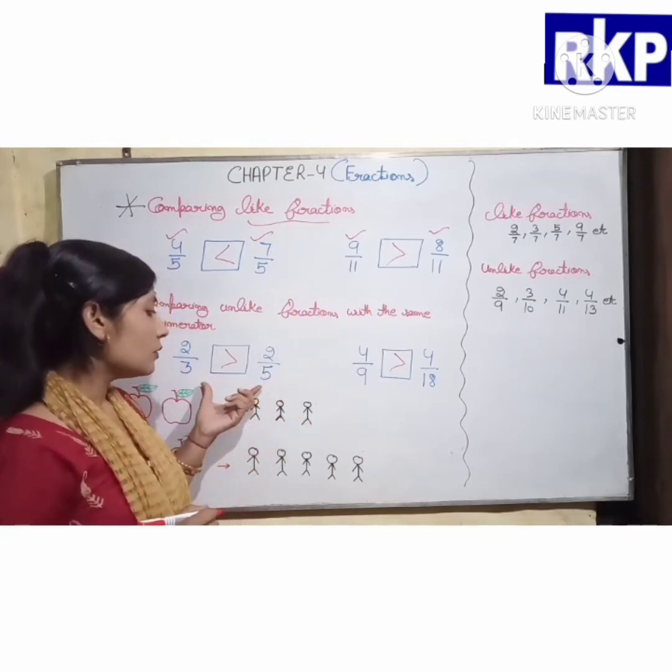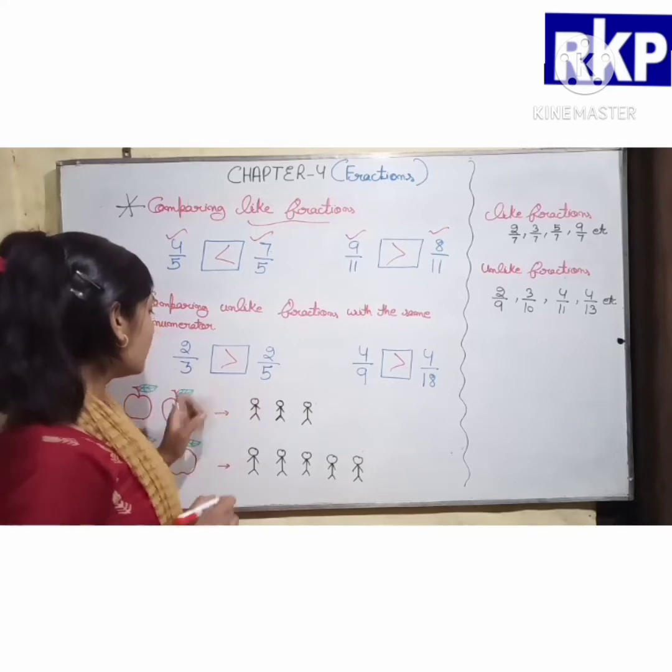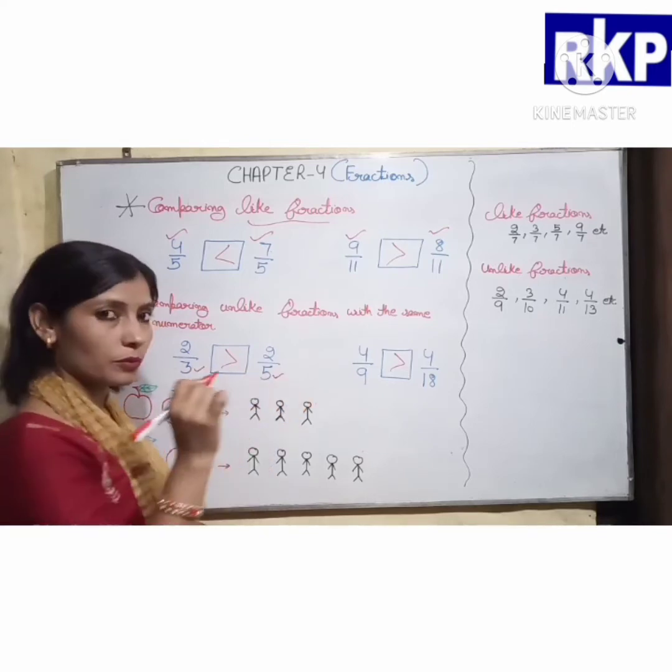Now let us understand it with an example. Beta, here we have 3 and here we have 5.